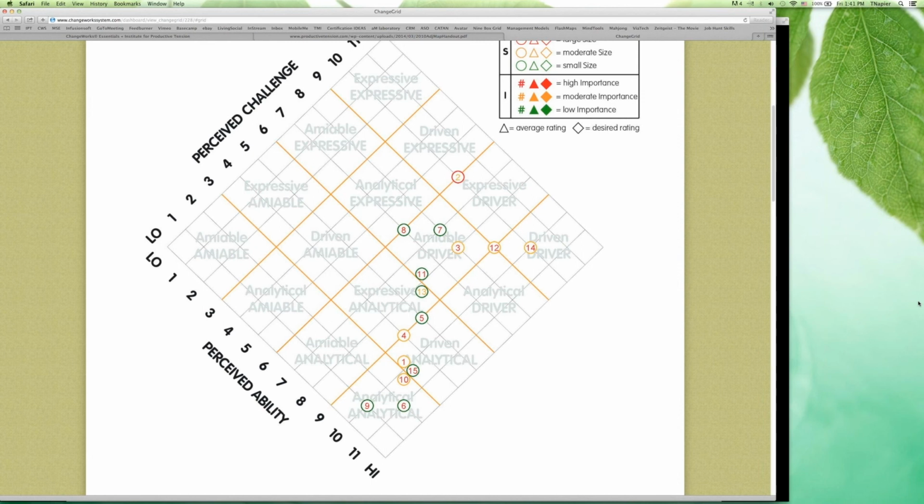Is that primarily a driver energy, an expressive, an amiable, or an analytical energy? Which one would you pick as the primary energy? Okay. Most of you are saying you'd want the driver as the primary energy. A couple of you are going like an analytical energy because it's a process.